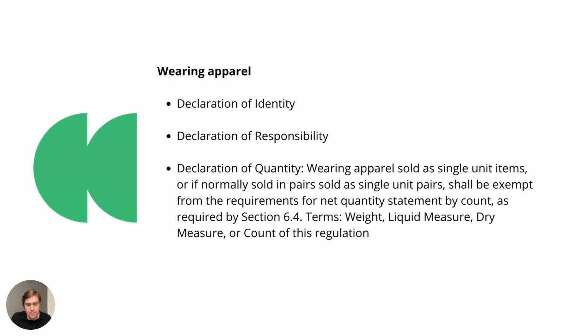Now, product-specific requirements usually come down to differences or exemptions concerning the declaration of quantity. As you can see here, for wearing apparel, the declaration of identity and responsibility, product name and the company, remains the same. But when it comes to declaration of quantity, there is an exemption in place.